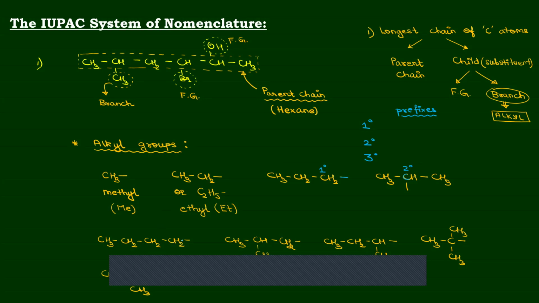Now quickly tell me the other carbon atoms. This radical carbon is attached to one, so primary. This one, one, again a primary. CH, two, so secondary. C, three, so tertiary.